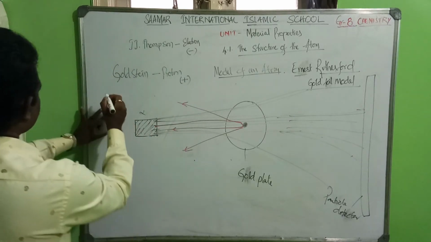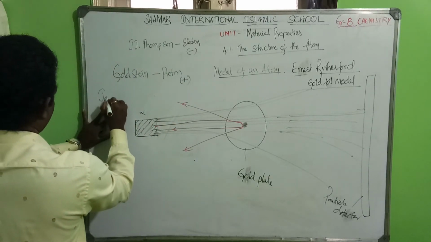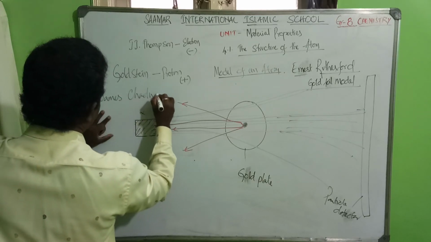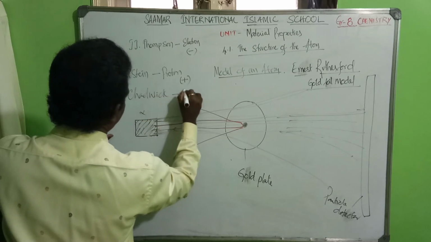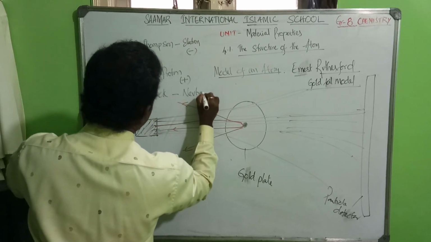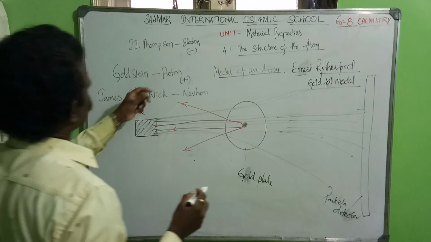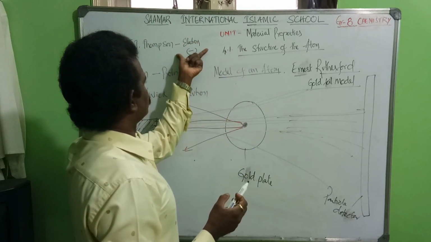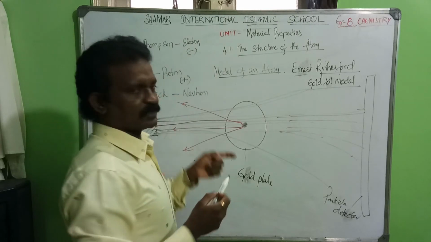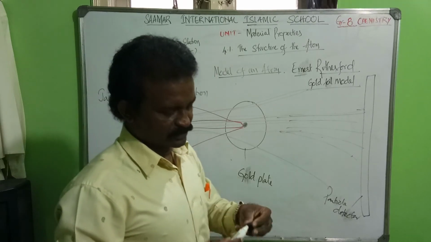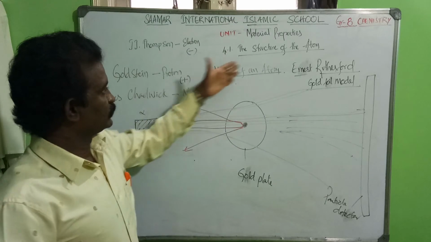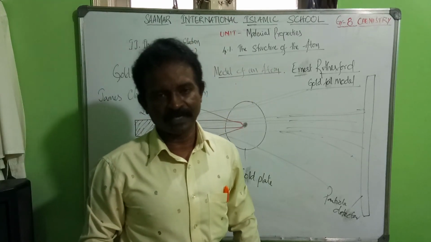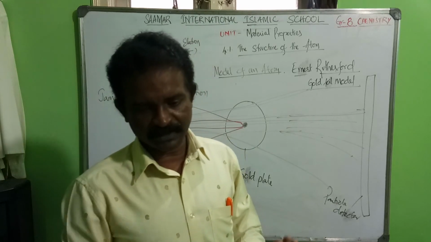Later on, James Chadwick discovered the neutron. Is it clear? The electron has very little mass compared to the proton and neutron. That was their conclusion. All three scientists, including Rutherford, four scientists, got the Nobel Prize for their discovery of the atom. Is it clear now? This chapter completes here.